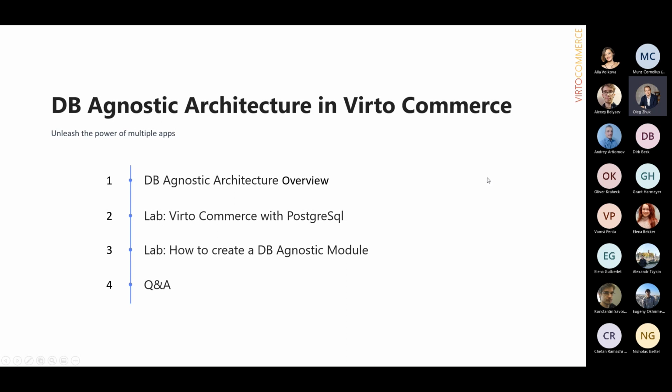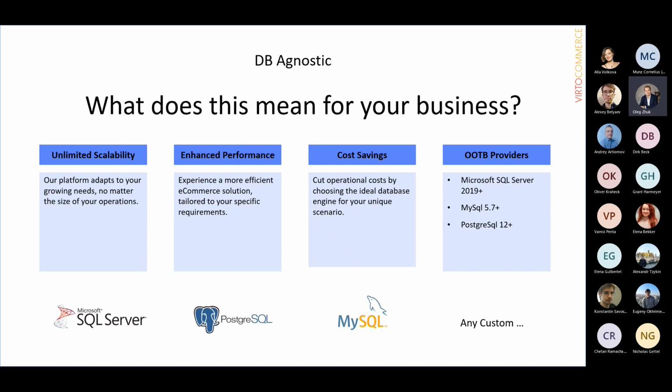Before that, let me just provide some high-level information and bring some benefits and talk about the Virto Commerce platform diagnostic. With this approach, we can offer unlimited scalability, so you are flexible to choose best-in-breed databases.